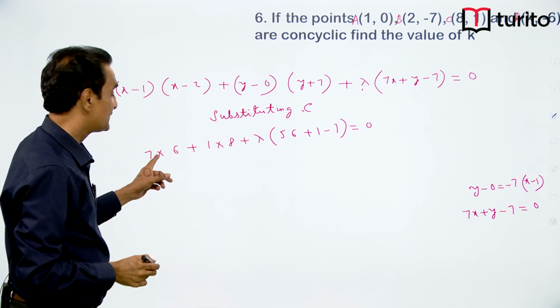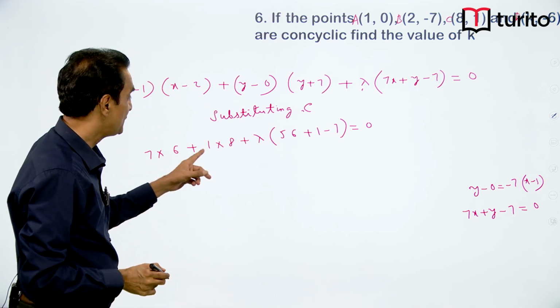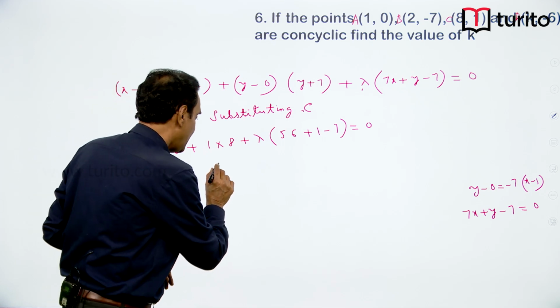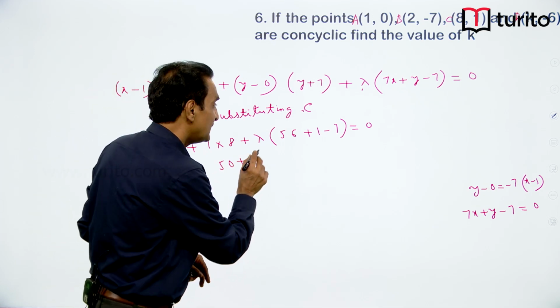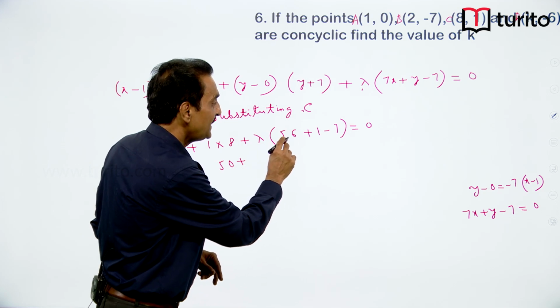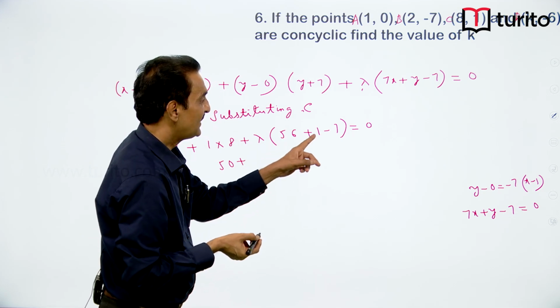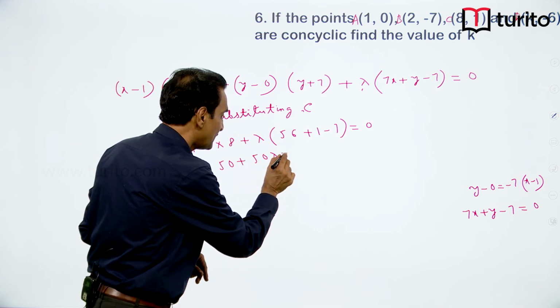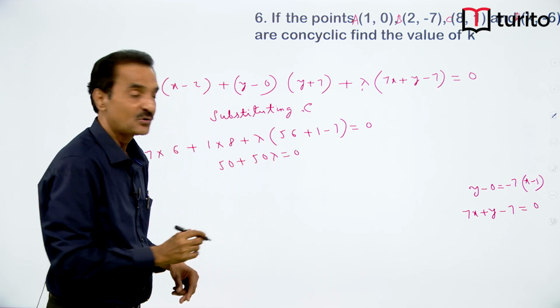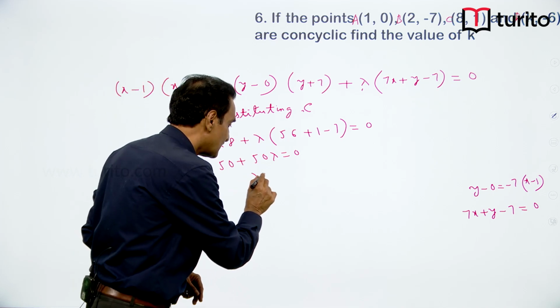Now, how much is this? 42 plus 8, 50, plus 7 minus 7, 50, 50 lambda is equal to 0. So, we get lambda is equal to minus 1.